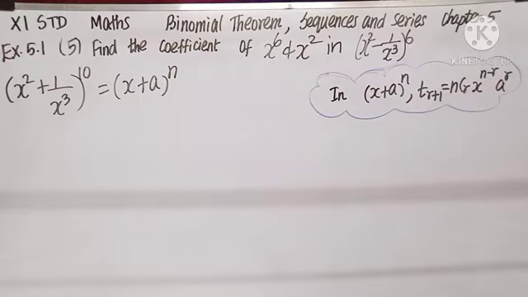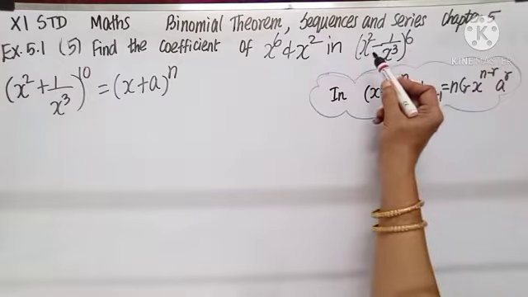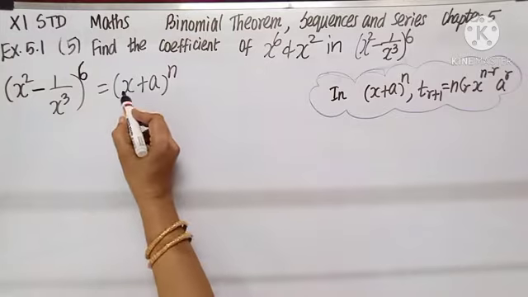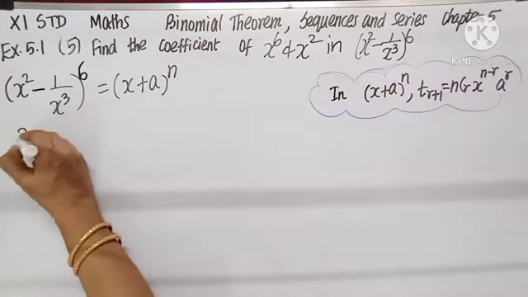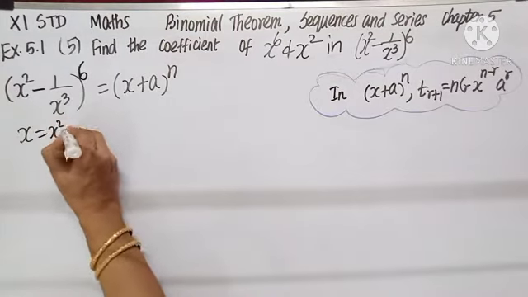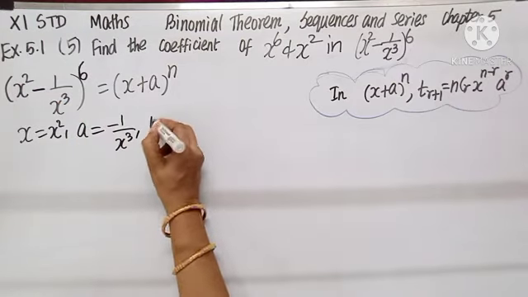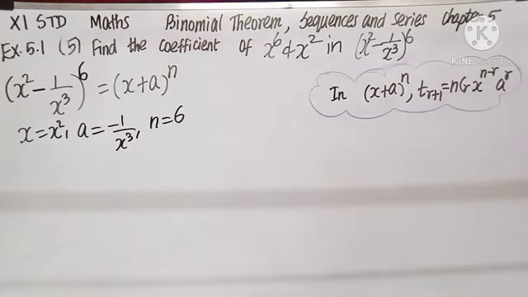Question number 5. Find the coefficient of x power 6 and the coefficient of x square in the expansion x square minus 1 by x cube the whole power 6. As we compare with x plus a power n, first term x square, second term minus 1 by x cube, n equals 6.